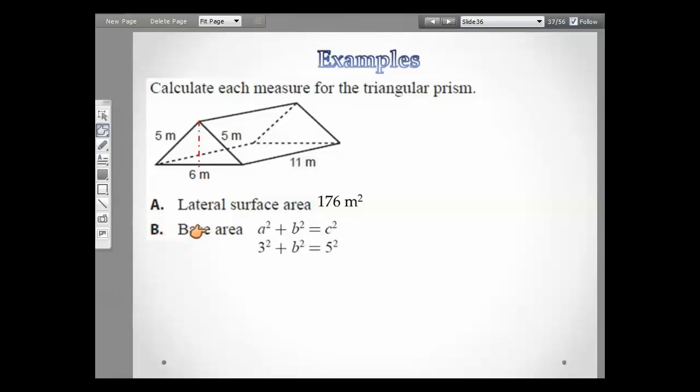So there's my a squared plus b squared equals c squared. Now look what I plugged in here. Remember, I put this line right down the middle. So that means this segment right here is going to be 3 meters. It's going to be 6 divided by 2, which is 3. Okay, and then the 5 in my formula represents this side of the triangle, which is 5. So now what's going to happen is we went ahead and squared them.